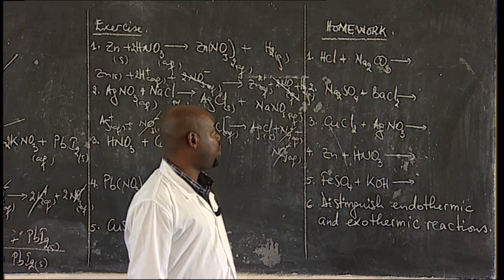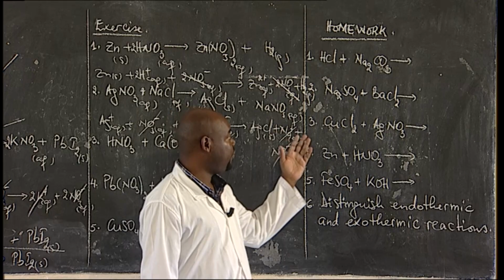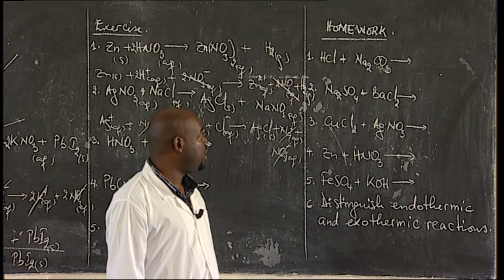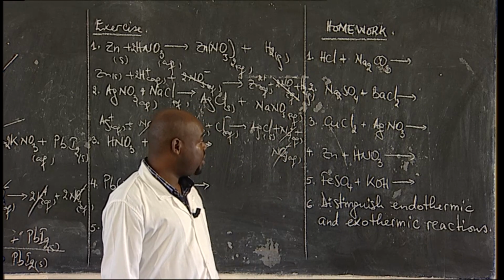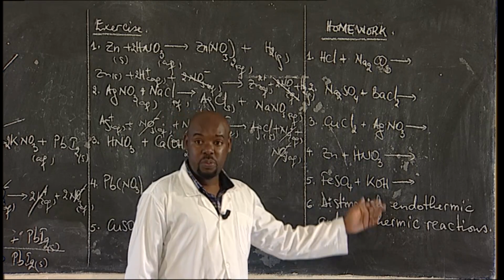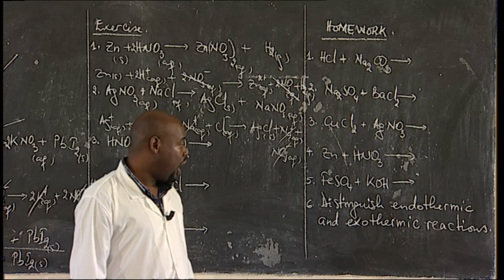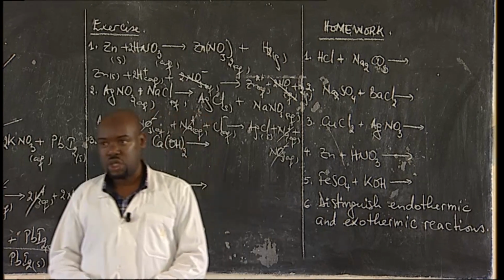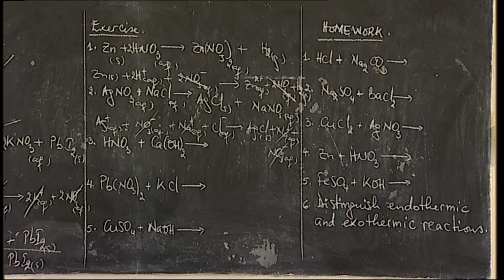Hydrochloric acid reacting with sodium carbonate, sodium sulfate reacting with barium chloride, copper chloride and silver nitrate, zinc and nitric acid, and iron sulfate plus potassium hydroxide. And lastly, you will distinguish endothermic and exothermic reactions.